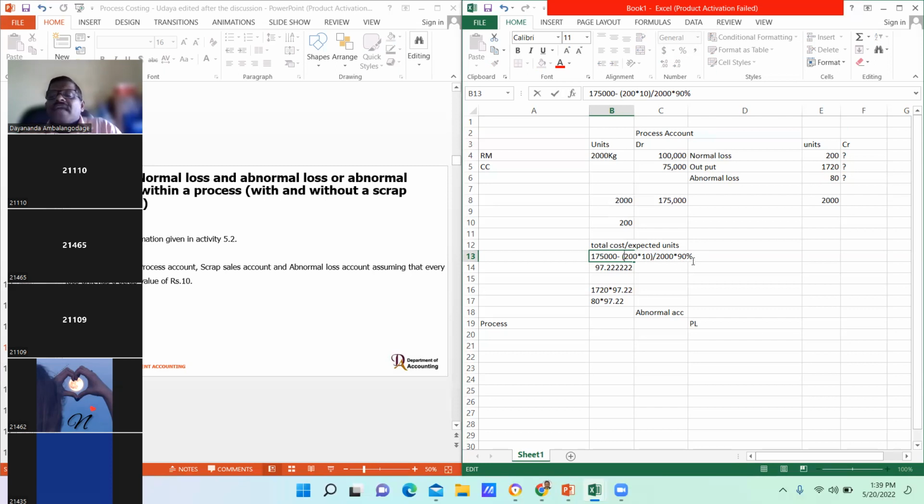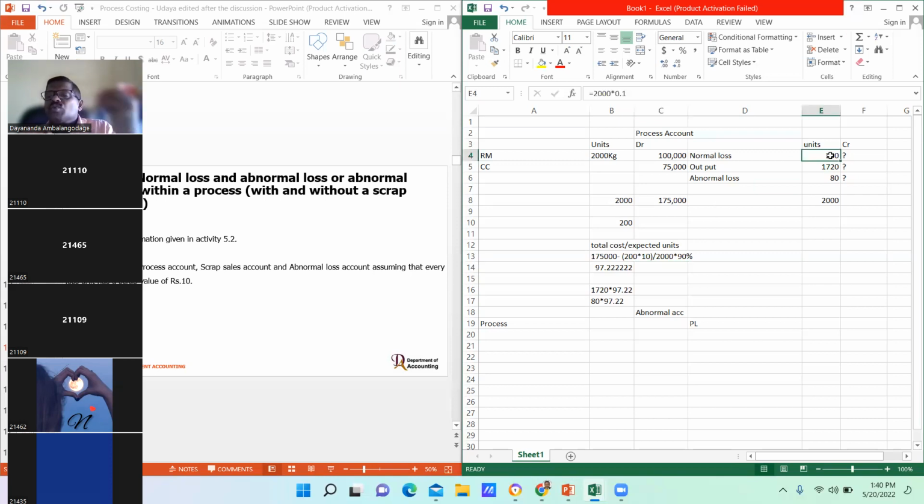And expected units, there is no change. So what would be the formula for our unit cost calculation? 175,000, which is cost incurred, minus the scrap value of the normal loss, not the total loss.